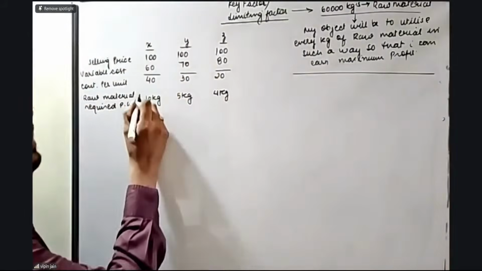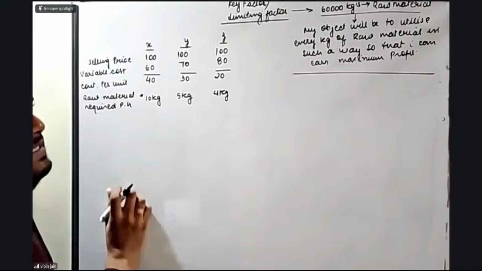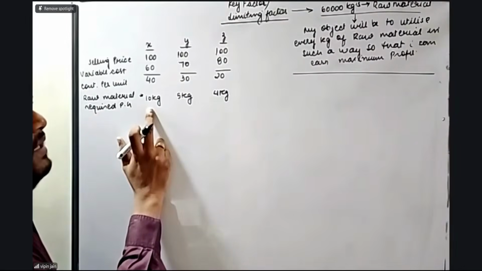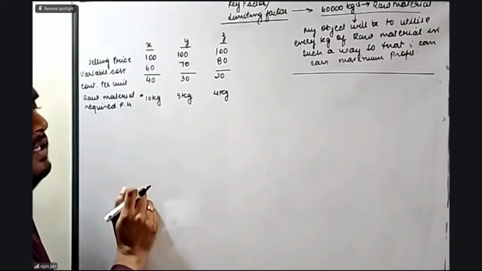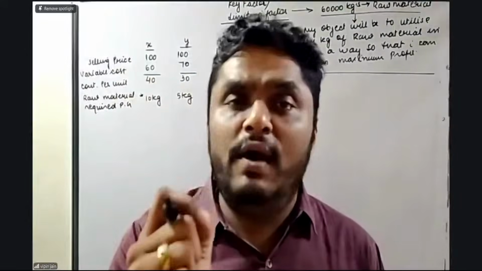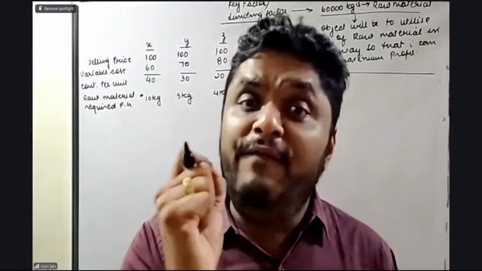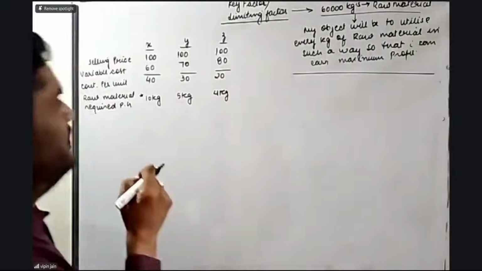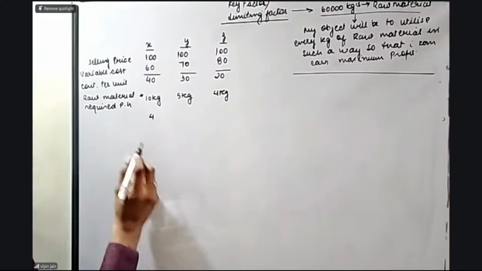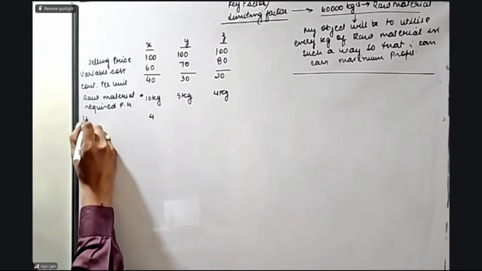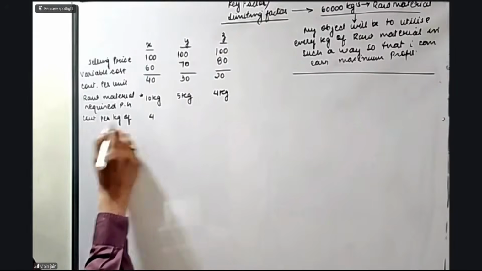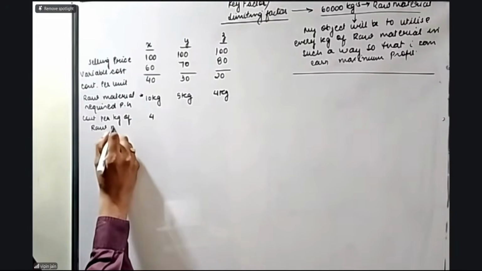Now, see, after using 10 kgs of material, how much am I earning? 40 rupees. So for every kg, how much am I getting? 4 rupees. So we can say it is contribution per kg of raw material.